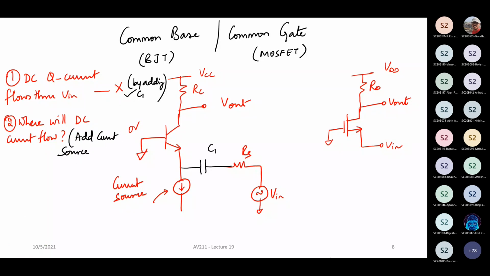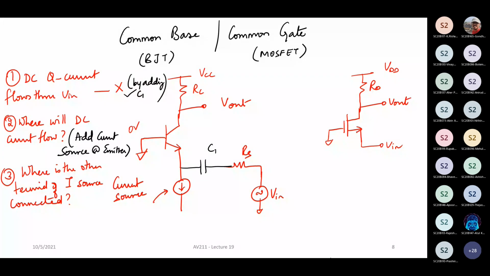So this problem of where DC current will flow, let's say we are solving by adding a current source at the emitter. Now the third question is, where is the other terminal of the current source connected? Can we connect it to ground? No, sir. Why no?